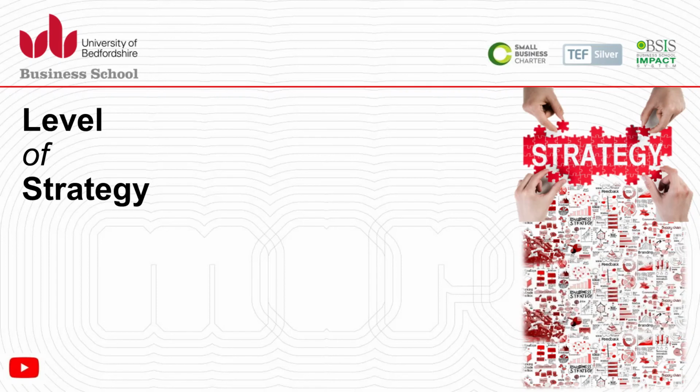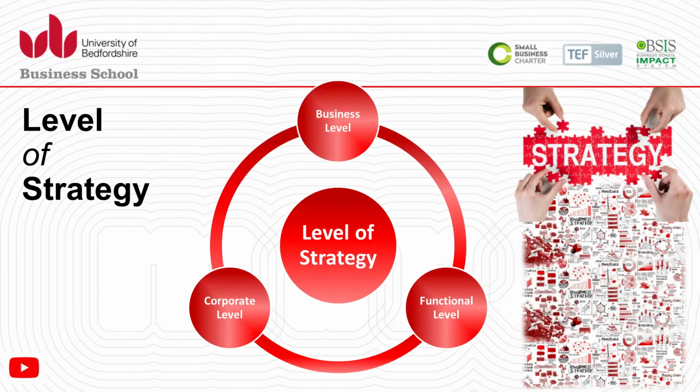So we have levels of strategy. If we look at this graphical illustration, there are three levels of strategy in any business world. We're talking about corporations: we look at their corporate level strategy, the business level strategy, and then of course the functional level.